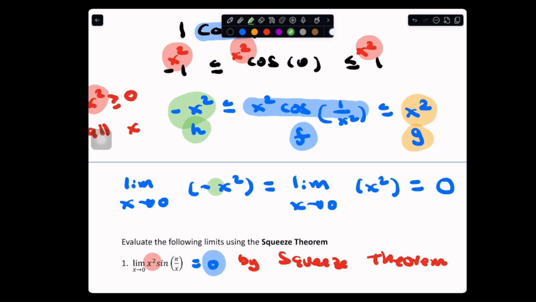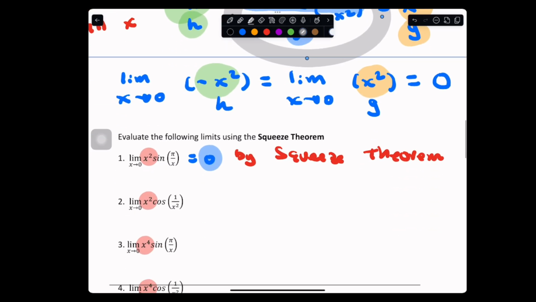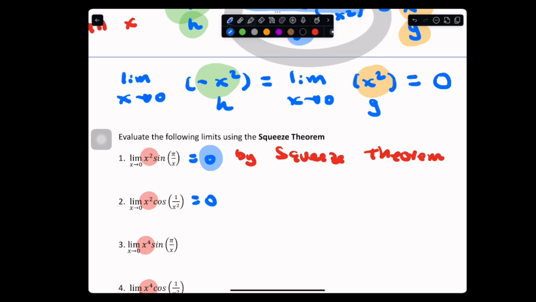So here's my h, here's my g. What does it mean then about the limit of the f function right in here? That's also 0, by the squeeze theorem.